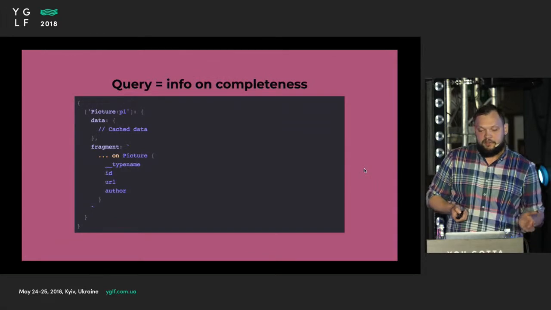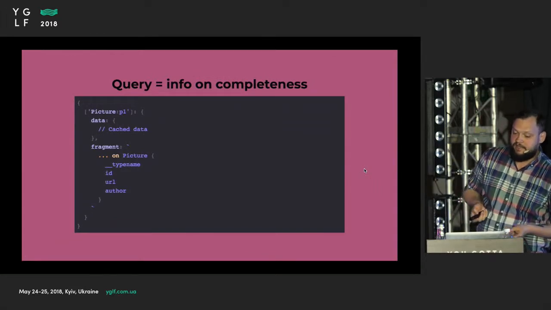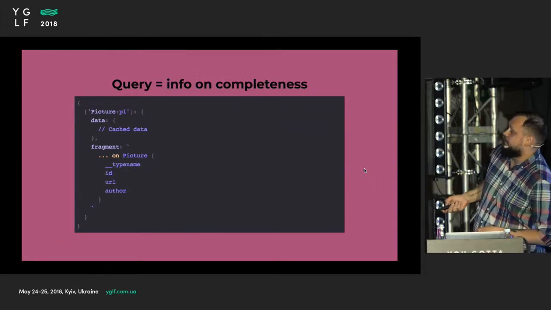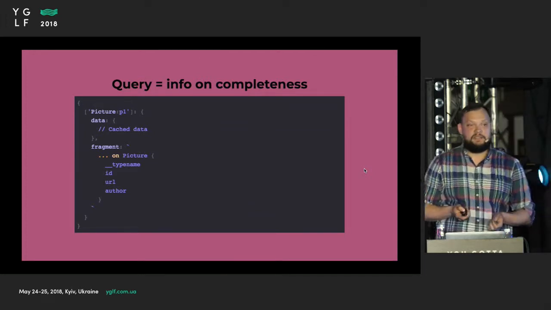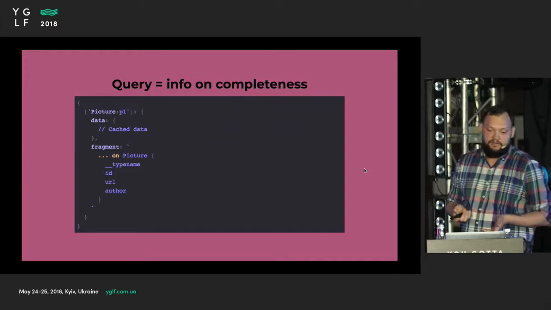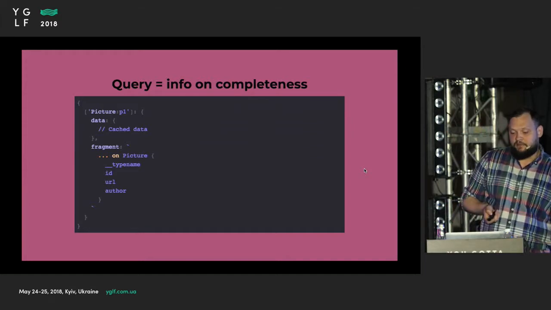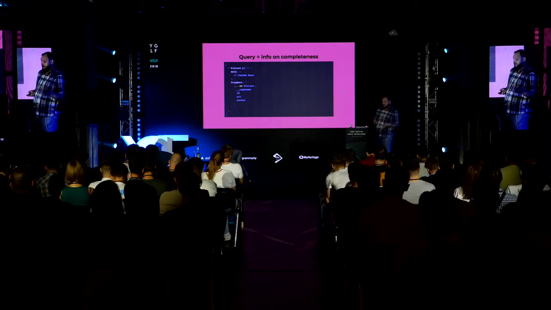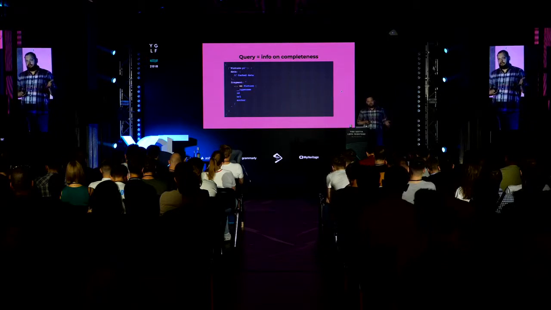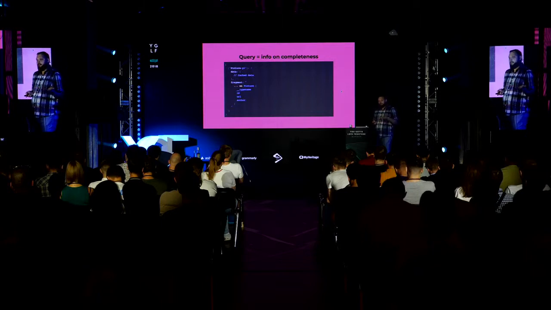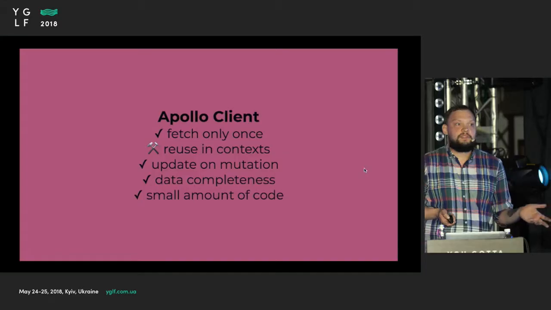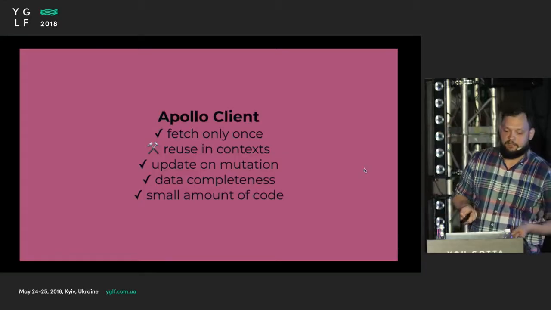Whenever you store something in a cache, alongside the data, you can also store a fragment, which basically is a representation of what kind of data you have. So whenever you're trying to read some data from the cache, Apollo can check if this data was actually retrieved. And if not all the data you need is retrieved, it can either requery or throw an error, so you can know how to handle it if you don't have complete data.